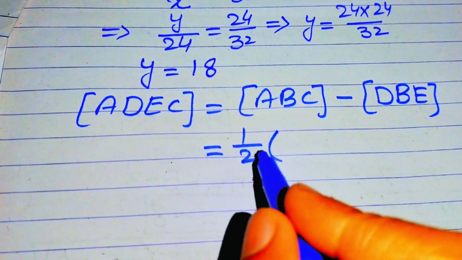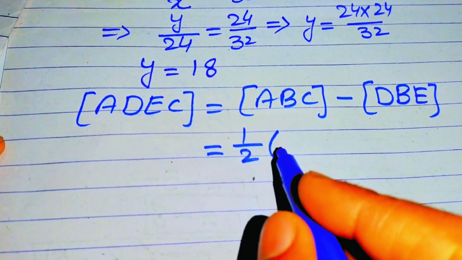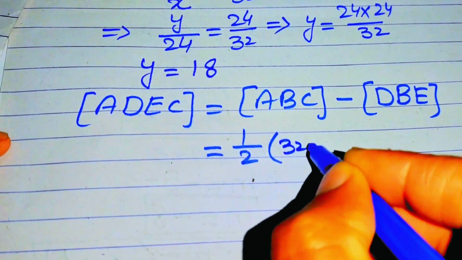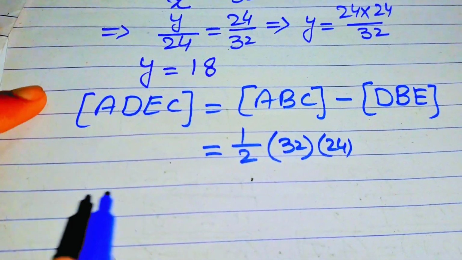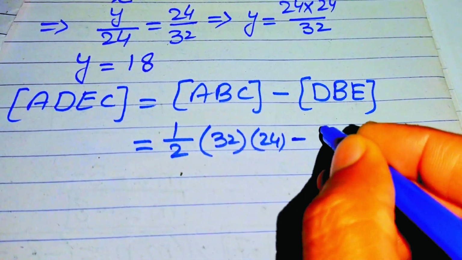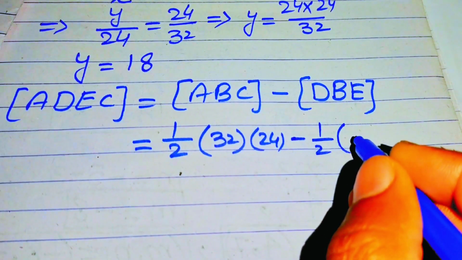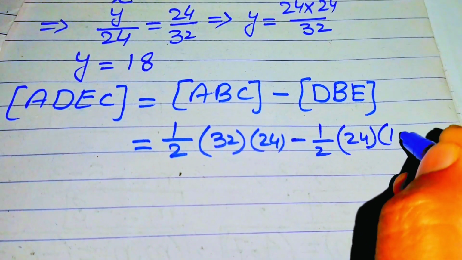So the area of triangle ABC equals 1 over 2 times base and height, where the base is 32 and the height is 24. Similarly, for the right triangle DBE, the base is 24 and the height is 18.